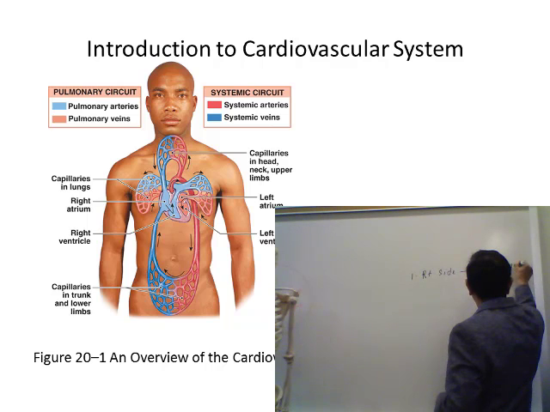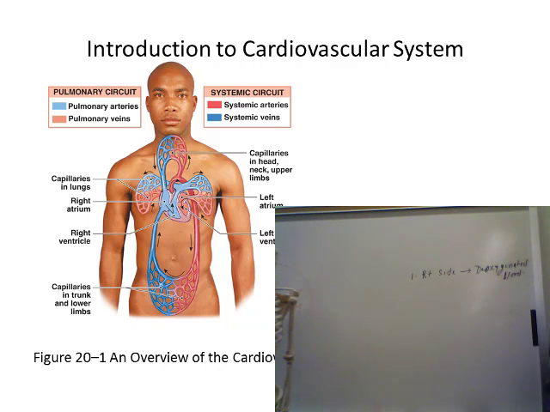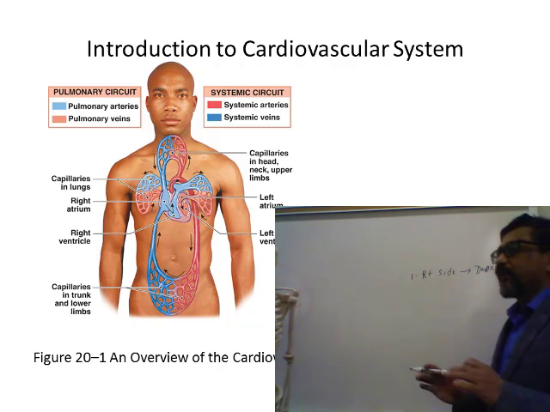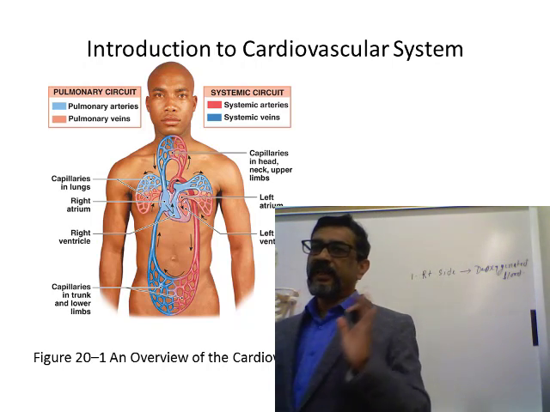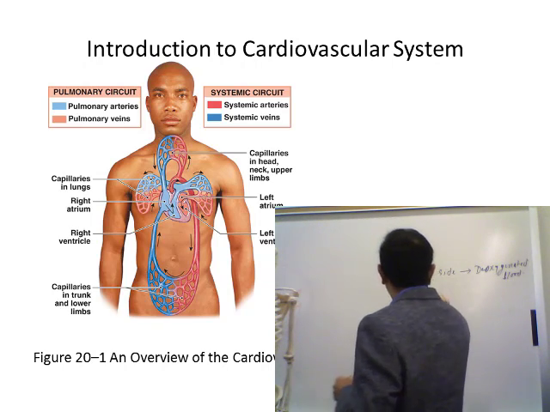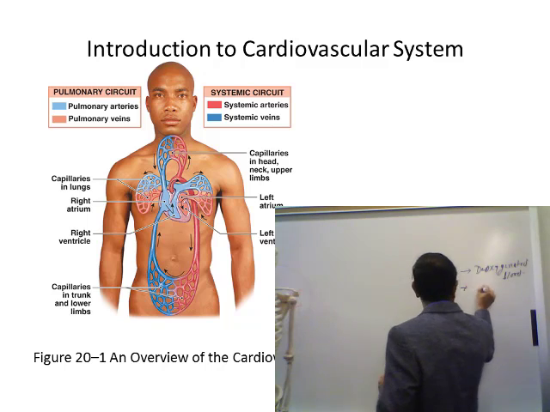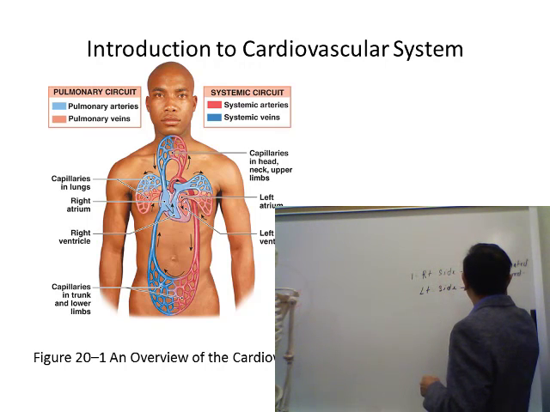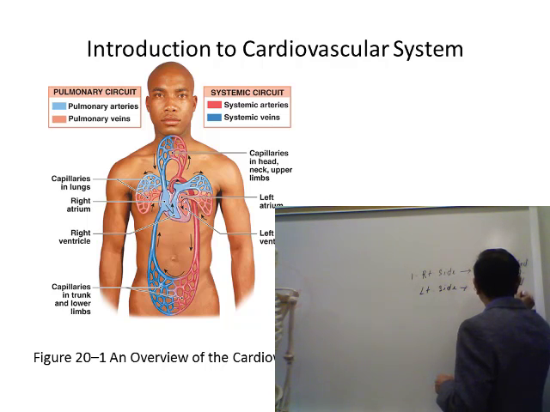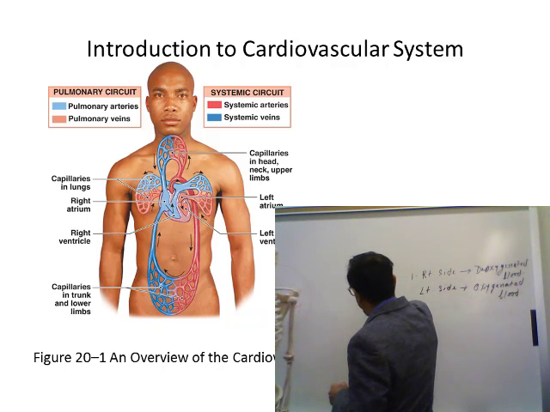So very simple. If this is your heart, you have how many chambers? Four, right? So this is right atrium, right ventricle, left atrium, left ventricle. You already know that. So you see, this side oxygenated, this side deoxygenated.